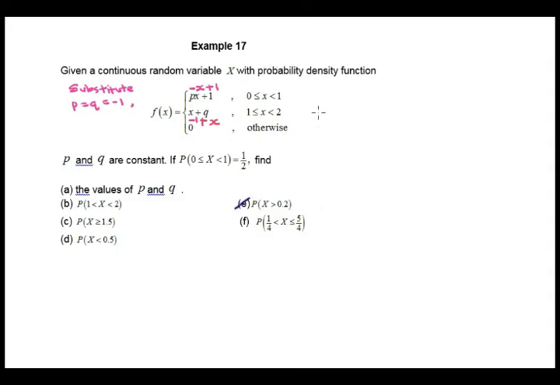(e) Find the probability of x greater or equal to negative 0.2.